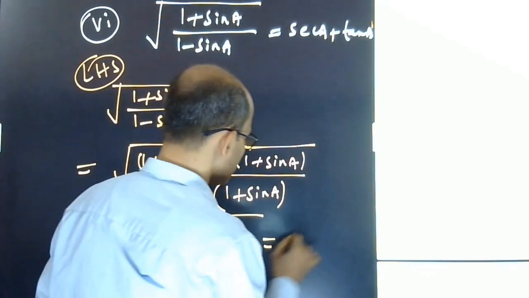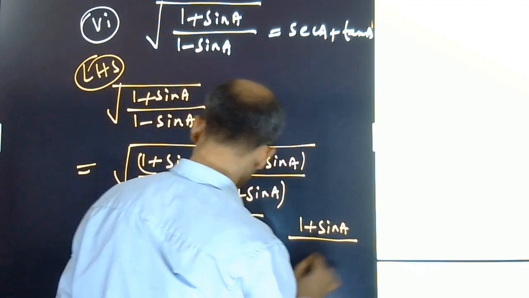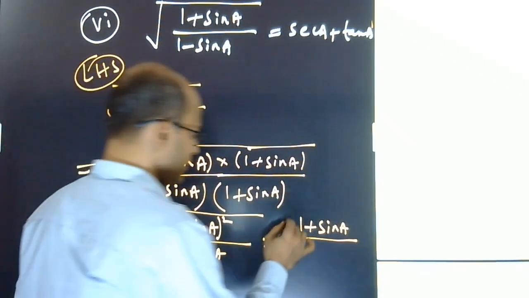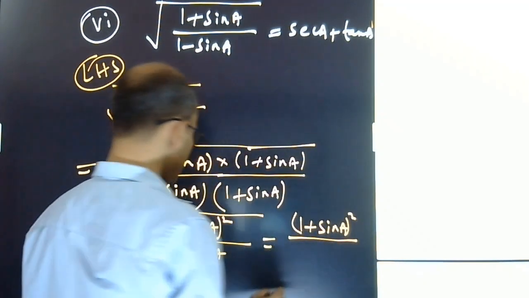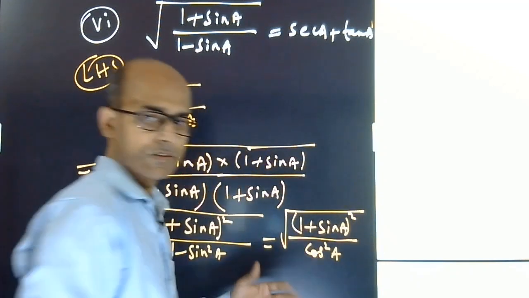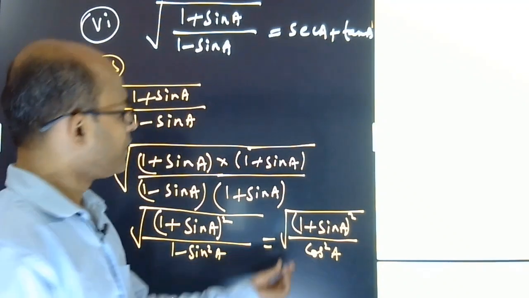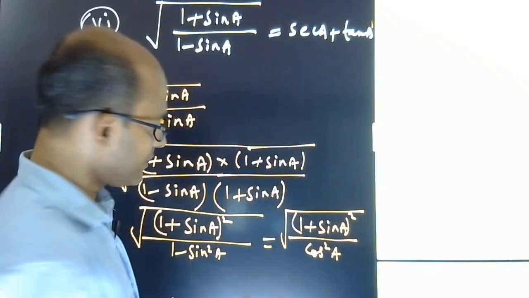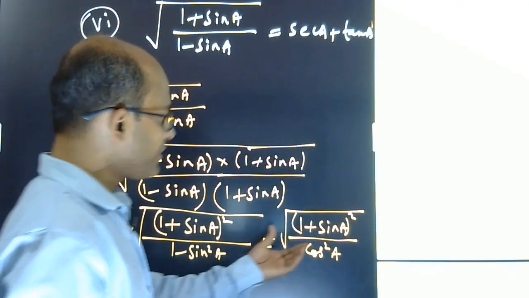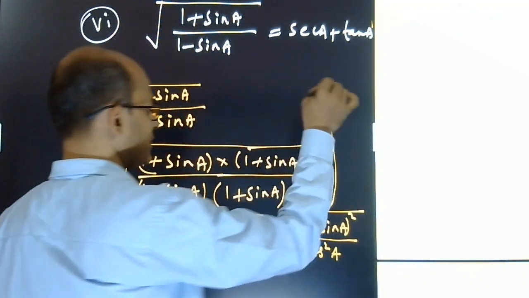We know this will come out as (1 plus sine A) divided by, under the root, I will take these two quantities at the same time out of the square root. 1 minus sine square A can be written as cos square A. I hope you people are understanding what I want to address. After this we can write, I'm just writing here, no problem. I hope that you people are understanding.